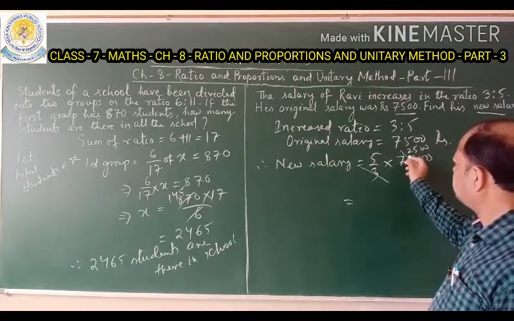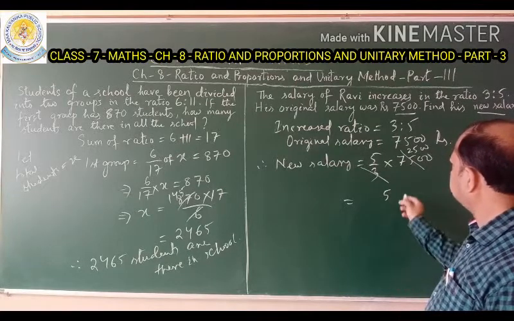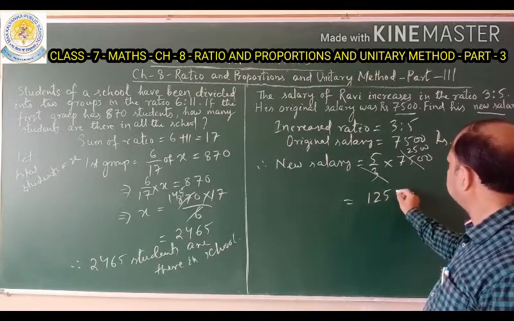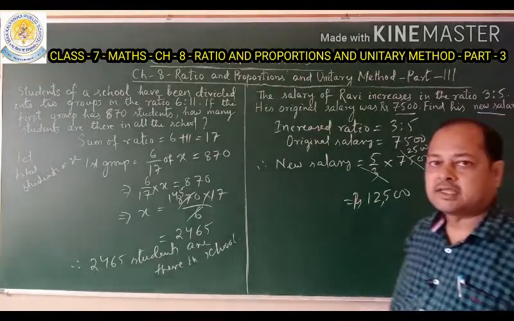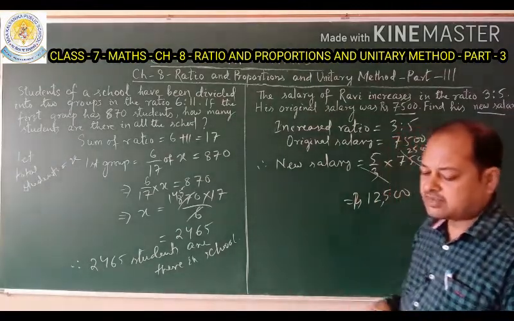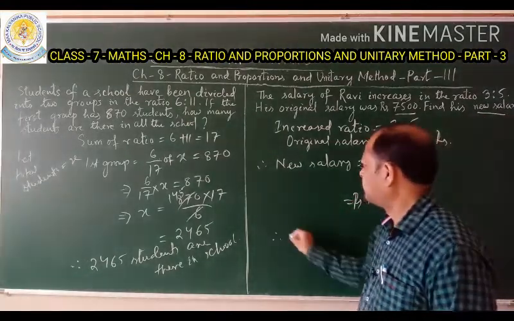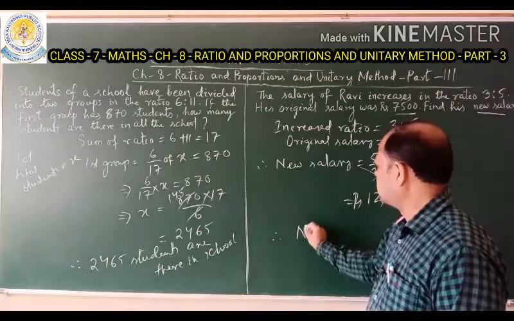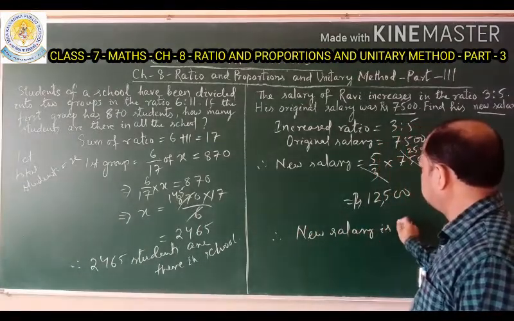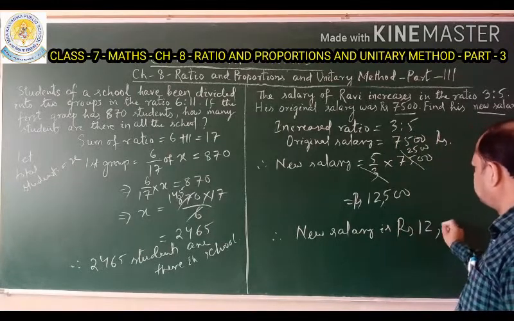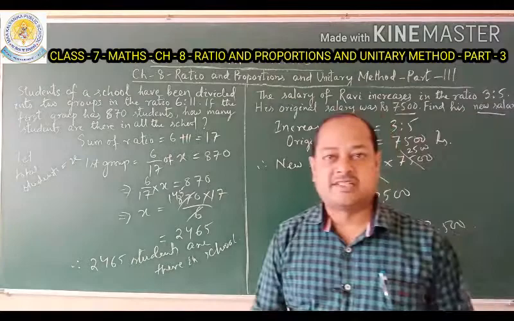So multiply, 5 5s are 25. So we are getting here 12,500. So 12,500 is the new salary of this person. Therefore the new salary is 12,500. Okay, I hope you understand this concept today.